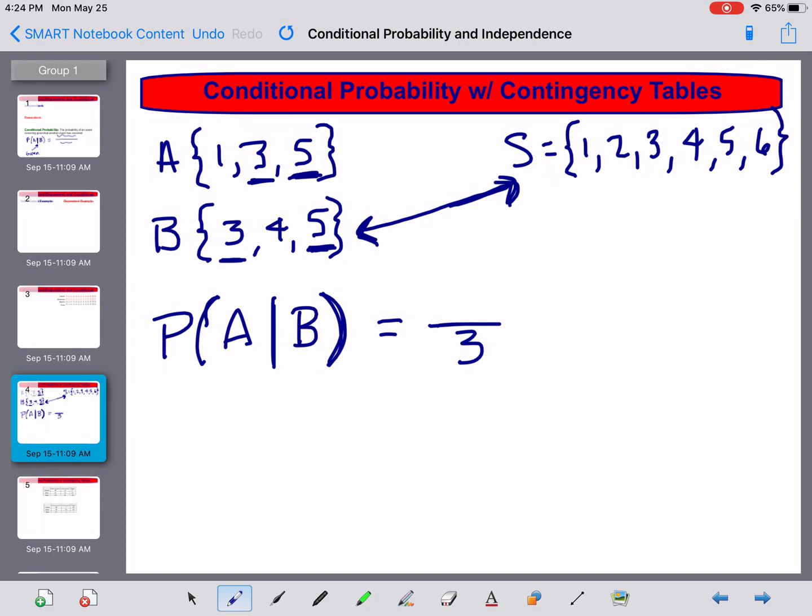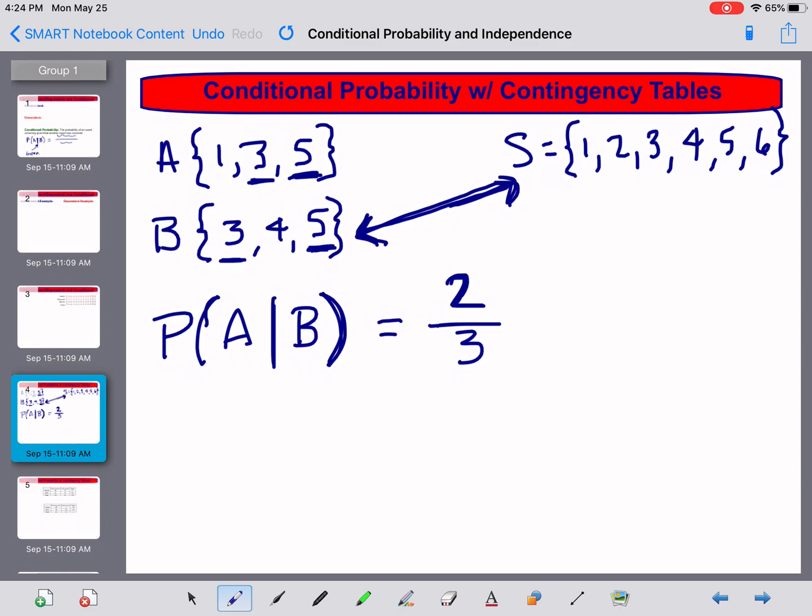So that means out of the 3 possible events for B, I have 2 possibilities for A occurring within that little subset. So the probability for A happening given that B has occurred is 2/3, which should make sense. We're just shrinking down our possibilities, which is what a conditional probability does. We change the conditions of our overall options to a smaller subset and then use that to figure out what the probability is.